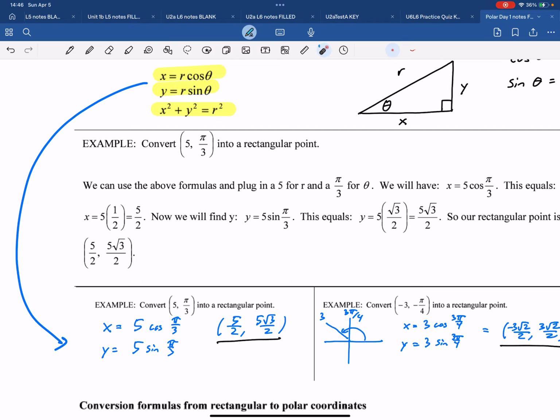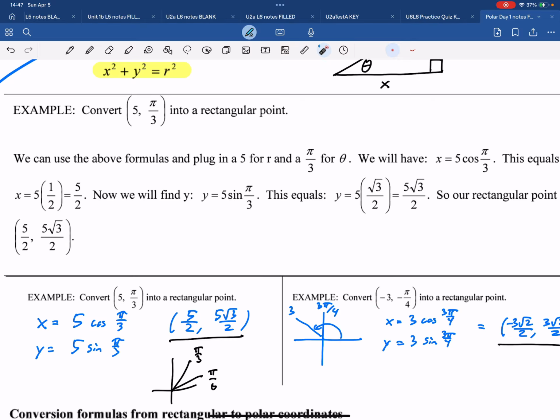The way I think about it, pi over 3 is higher up than pi over 6. This is pi over 6, this is pi over 3. So pi over 3 has a smaller cosine. We're only moving a little bit to the right. We're moving a half to the right, and we're moving root 3 over 2 up. So the cosine of pi over 3 is going to be a half, and the sine of pi over 3 is going to be root 3 over 2.